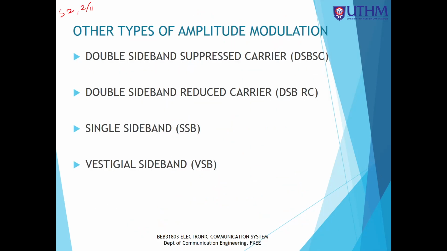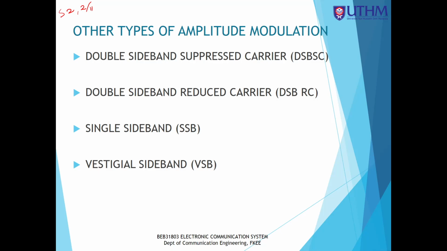Okay, so previously we have seen AM, double sideband full carrier. There are actually many other types of AM, because double sideband full carrier is the oldest technology of AM.